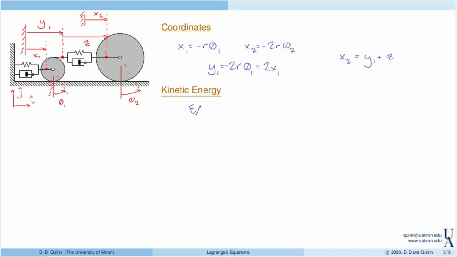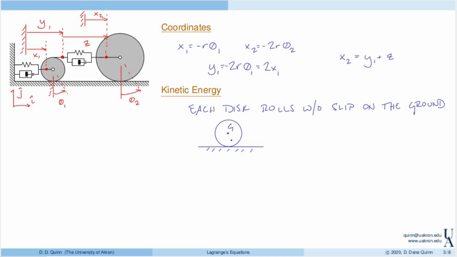each disk rolls without slip on the ground. So, in such a case, if I have a disk, this could be either disk in this case. Let's say G is the mass center, and here O will be the contact point.